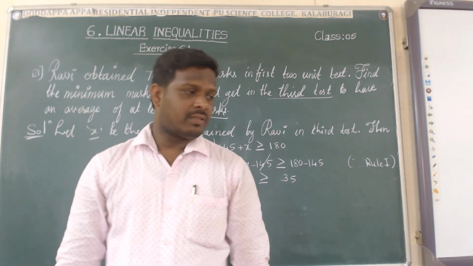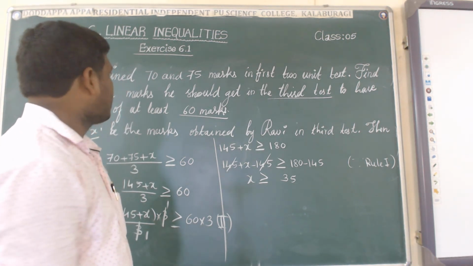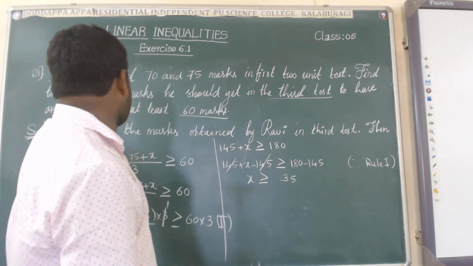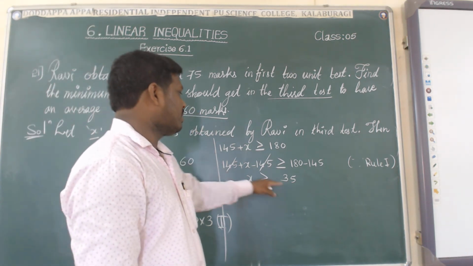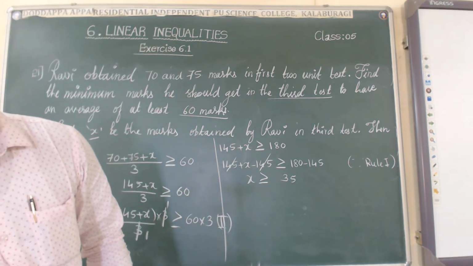How many marks should Ravi get in the third test for scoring an average of at least 60 marks? That is 35 marks. So you have to write one conclusion.